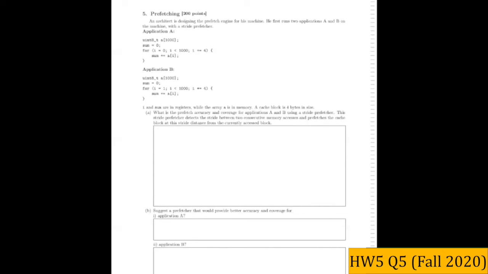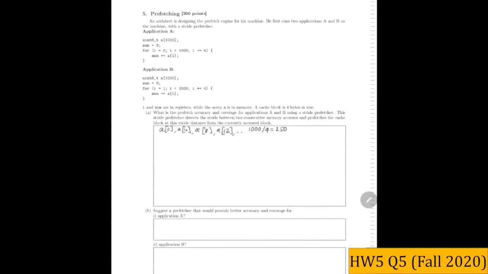Now, to understand the coverage and accuracy of a stride prefetcher in applications A and B, let's first understand how many memory accesses application A would generate. Application A would access elements A0, A4, A8, A12, and so on. So in total, application A would create 1000 divided by 4, that's 250 memory requests.